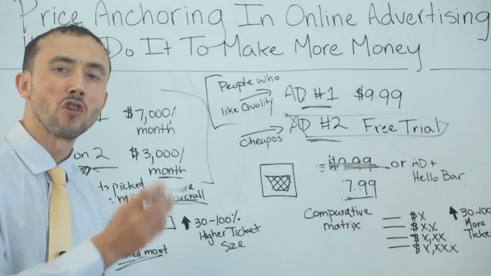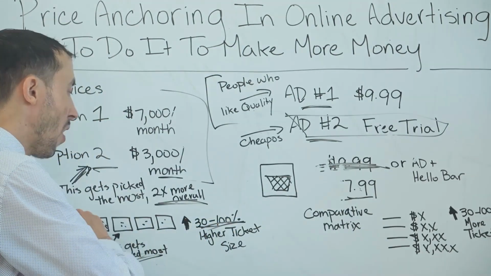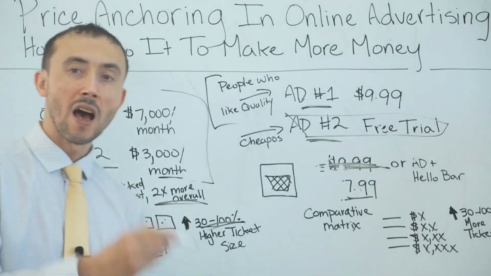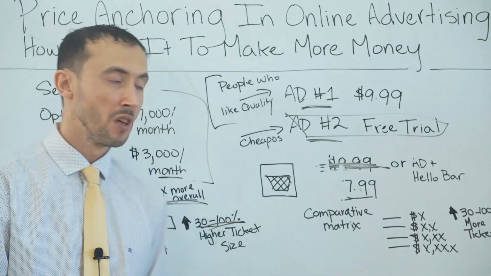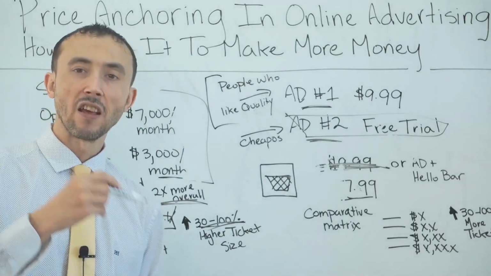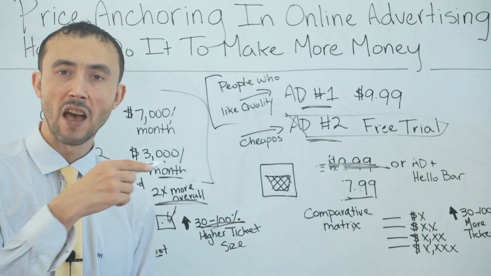You're going to be able to charge 30 to 100% more for all of the options in general than you could for a single option, because they see that expensive option, and it makes the second option from the left seem not as high.